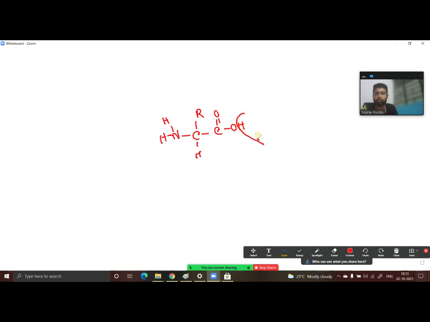What happens is that from the acid group one hydrogen is removed in the form of H plus. So what would be happening here, if we elongate this bond? Oxygen has a direct bond, sharing one electron of oxygen and one electron of hydrogen.